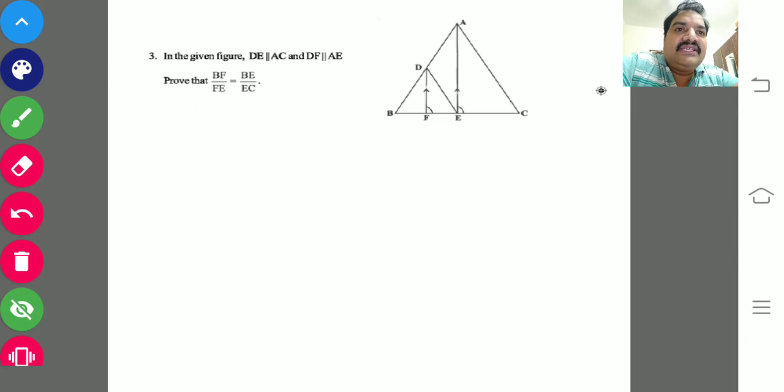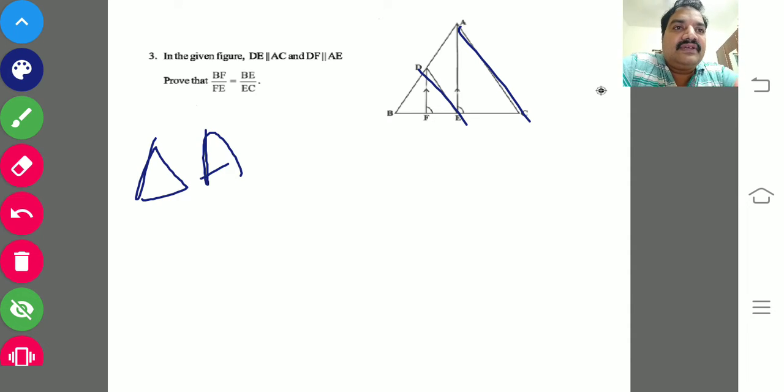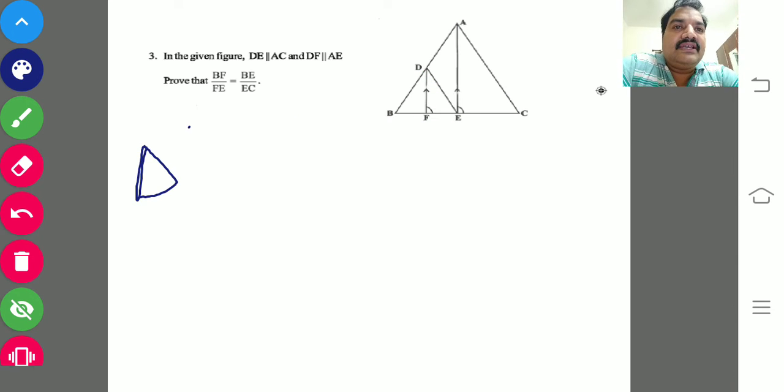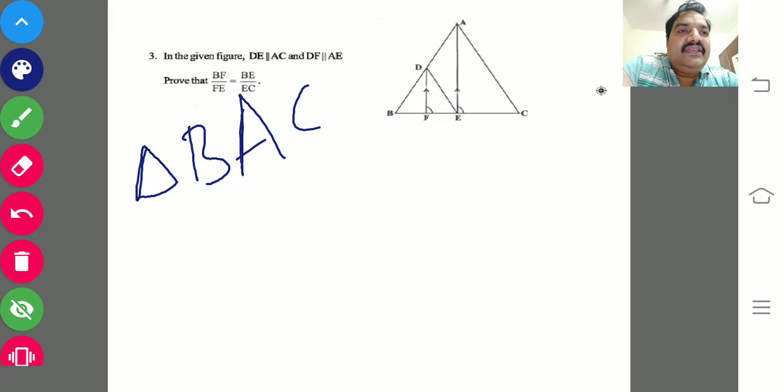So the first one is what? DE is parallel to AC. So you have to consider triangle BAC, where AC is the base. Just see that. So in triangle BAC, simply you apply what? The basic proportionality theorem. So what is that?